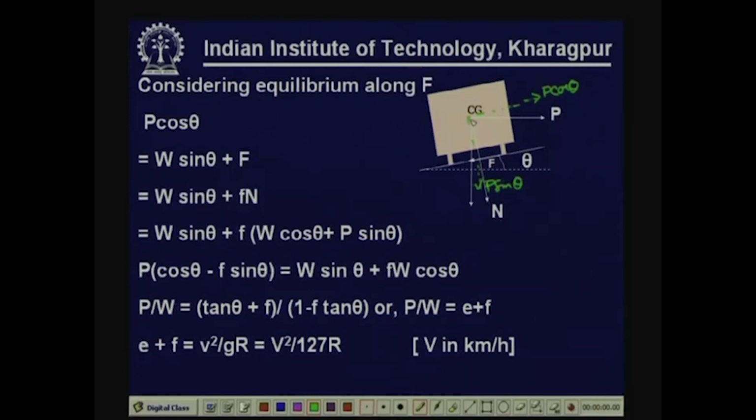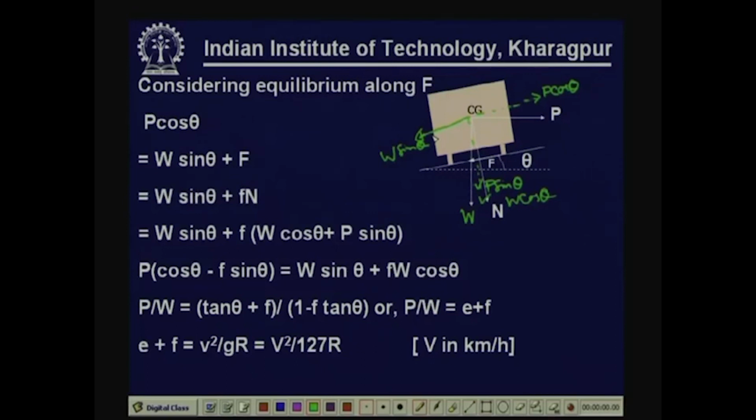Similarly, the weight of the vehicle is acting vertically downward. If we take the components parallel and perpendicular to the inclined surface, then the parallel component is W sin theta, and the perpendicular component is W cos theta.